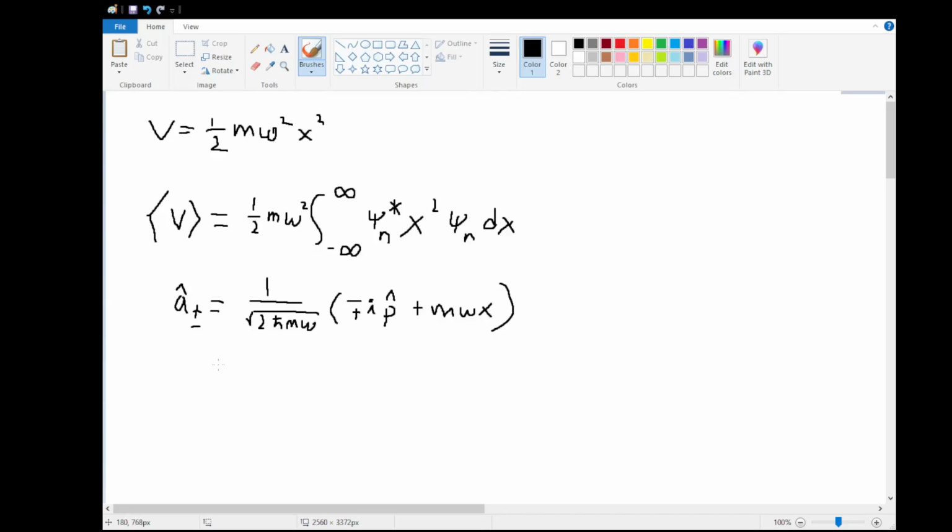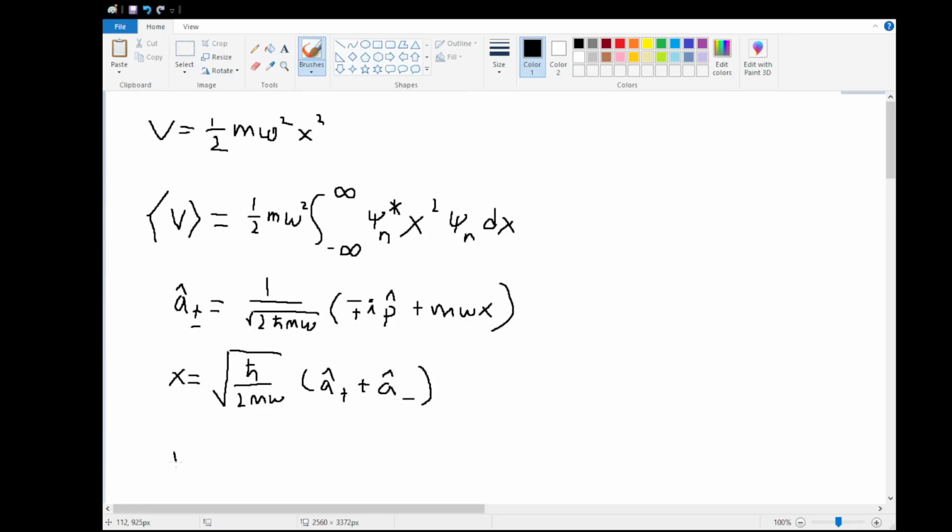And Griffiths tells us that we can reverse the relation and define x and p in terms of a hats, and we'll get that x equals the square root of h bar over 2m omega times a hat plus a hat minus.